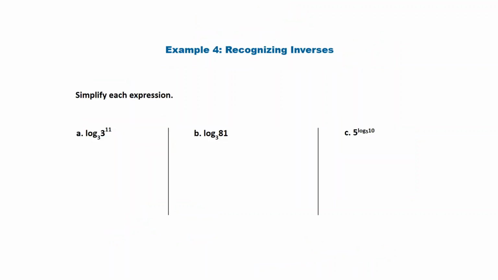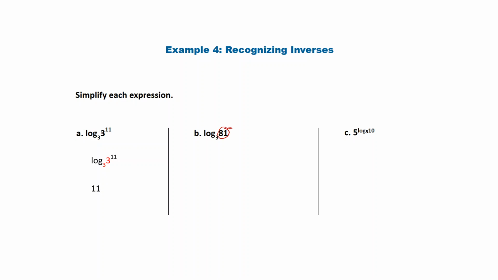So let's look at some examples so we can get some practice recognizing inverses. On the first one, letter A, I notice that my 3 and 3 are the same. So I can see that this is going to be an inverse problem, so my answer is just going to be 11. The second one is a little bit trickier. I don't see anything the same, and I don't even see an exponent up here. So I'm going to take a look at this 81.